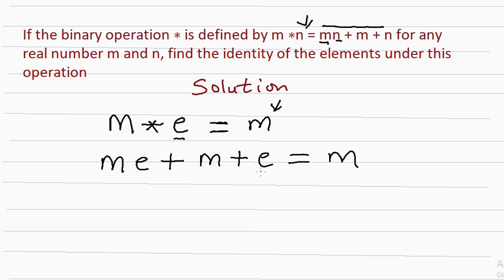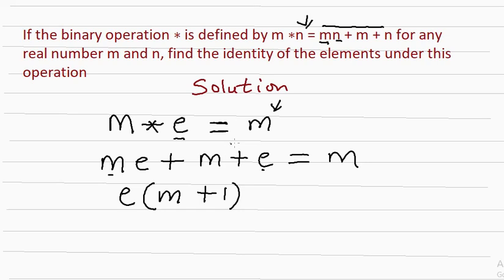I'm looking for e, so I'm going to factorize e, and then take m to the other side of the equation. If I take e out, this is going to be 1 plus 1.